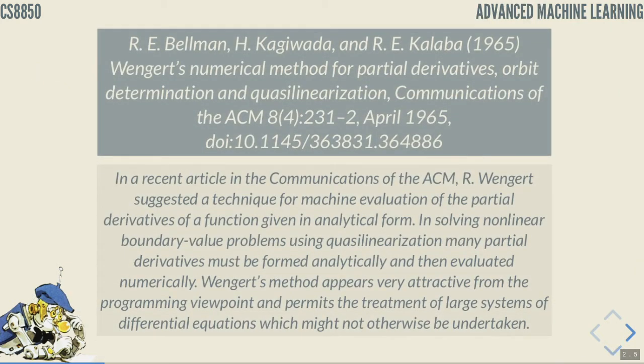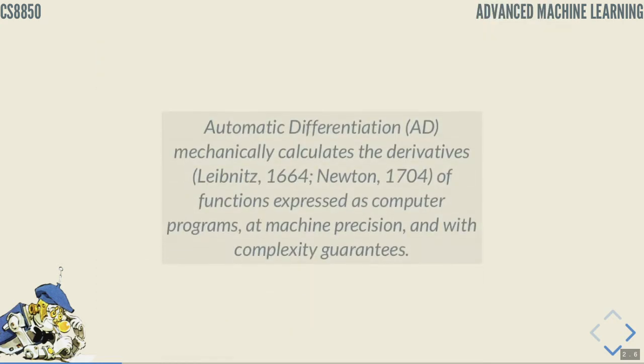So what prompted them to write that paper specifically about Wengert's method? Well, importantly, they say Wengert's method permits the treatment of large systems which might not otherwise be undertaken. So the computational savings provided by the method were huge at the time and still are.